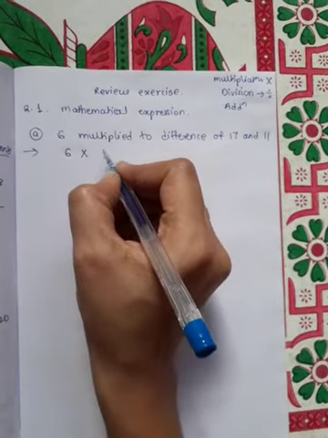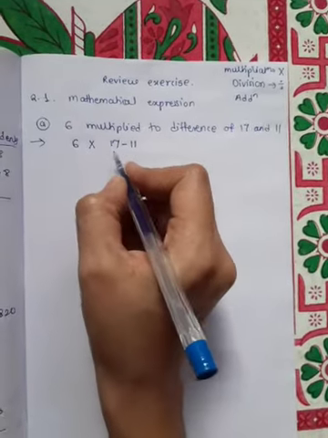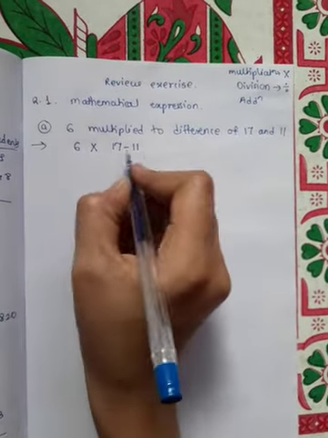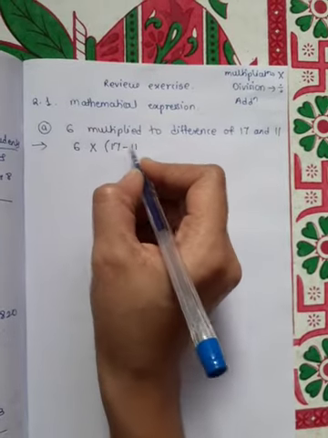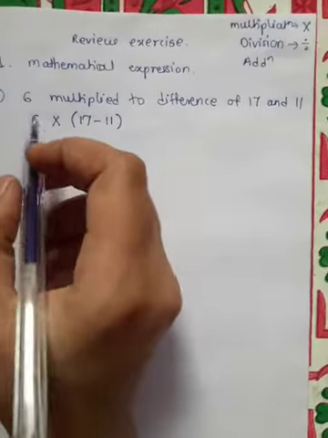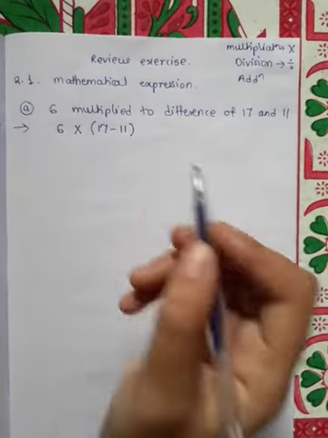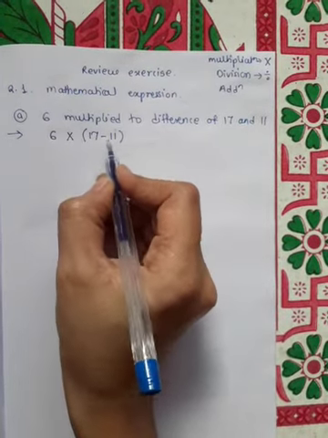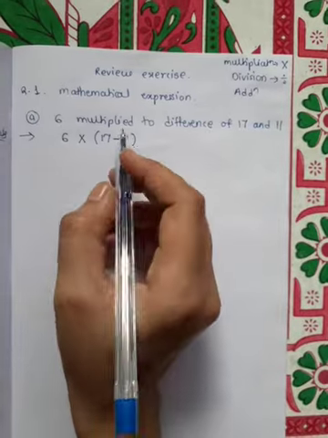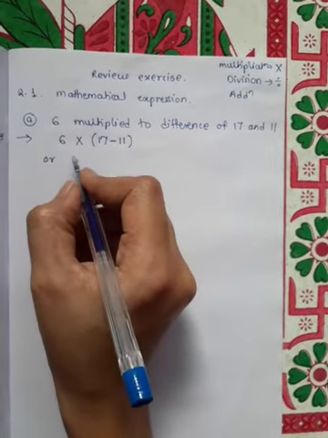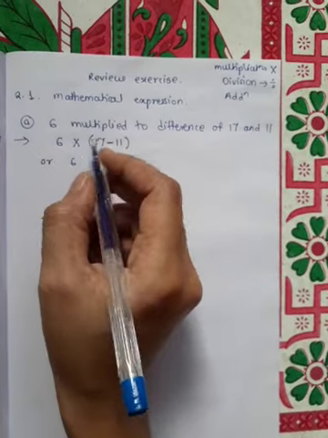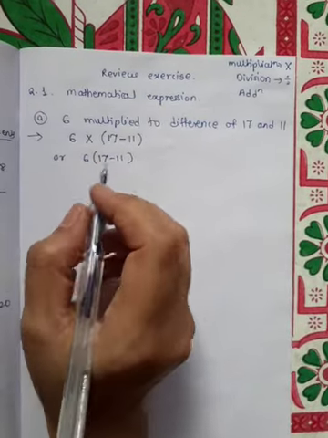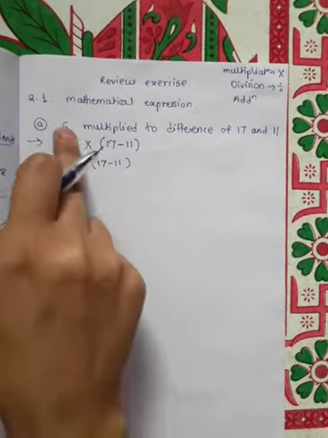The difference of 17 and 11 can be written as 17 minus 11, and we have to multiply 6 to this whole term, so we put a bracket here. This expression says that 6 is multiplied to the difference of 17 and 11. You can also write it without the multiplication sign: 6 into bracket 17 minus 11. This also means the same.